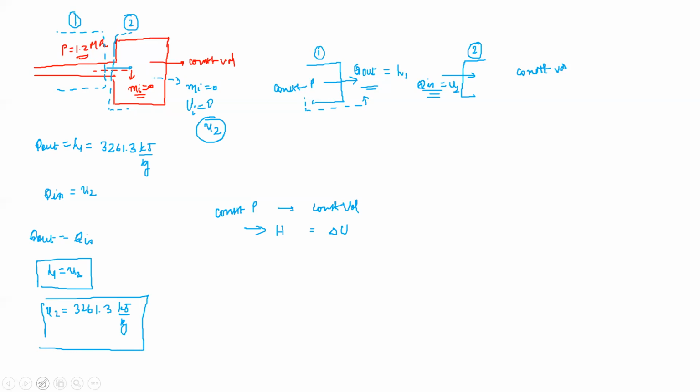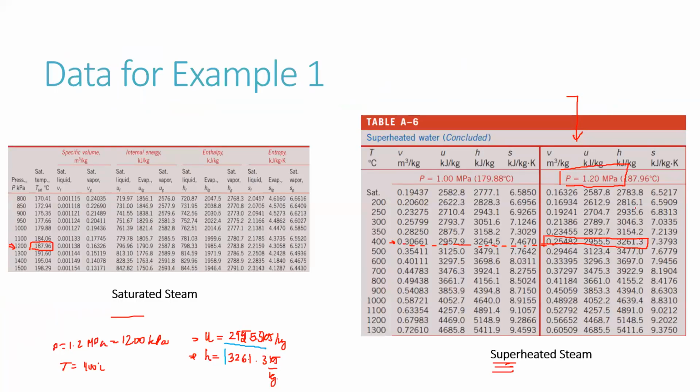So now in the tank, you have pressure equal to 1.2 megapascal and internal energy of the tank as 3261.3 kilojoule per kg. What is the temperature of the tank? You have to go back and see the steam tables.